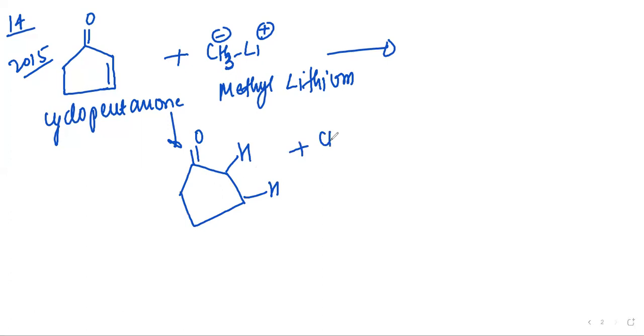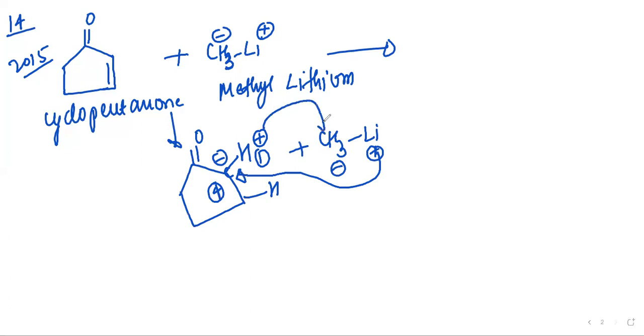When it reacts with methyl lithium, this is plus, this is minus, right? This will be plus, as we know hydrogen has 1 electron and carbon has 4 electrons in the last orbit. So this will be minus. The minus will now attract the plus lithium, so it will be attached here and this H will go with this CH3.